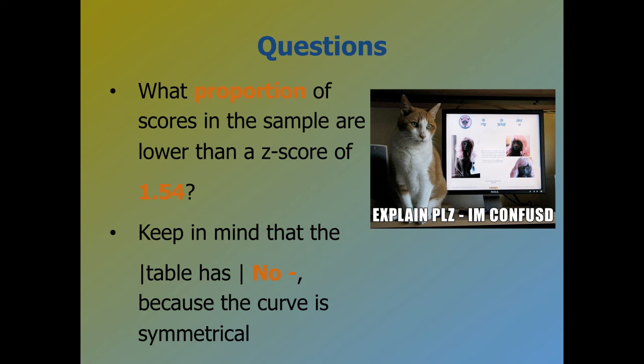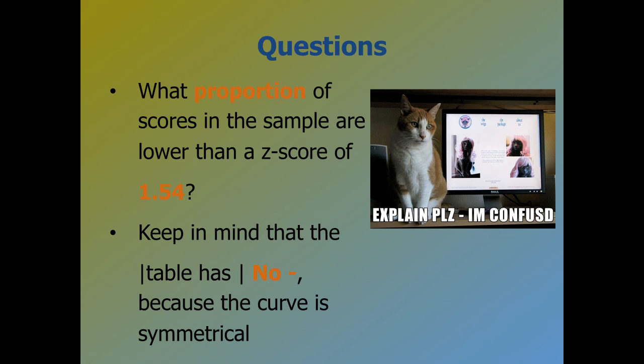All right, so let's work through an example here, and let's go ahead and use our z-table. So the question is, what proportion of scores in the sample are lower than a z-score of 1.54? Before I give you the answer, go ahead and look at your z-table. Try to locate a z-score of 1.54.